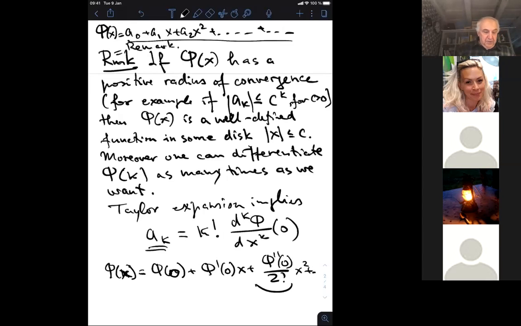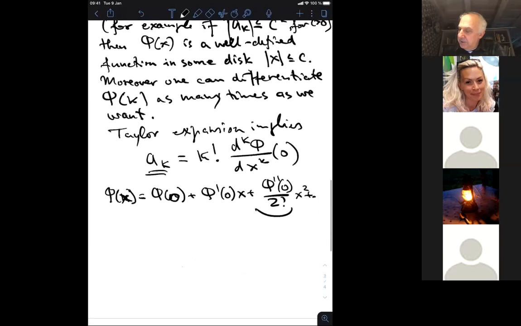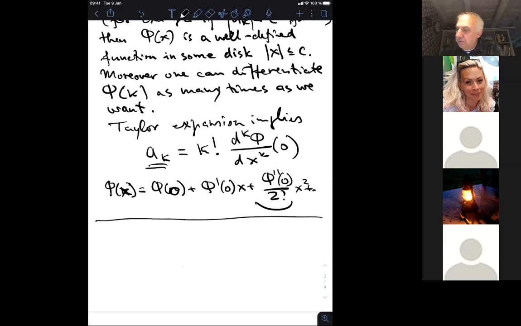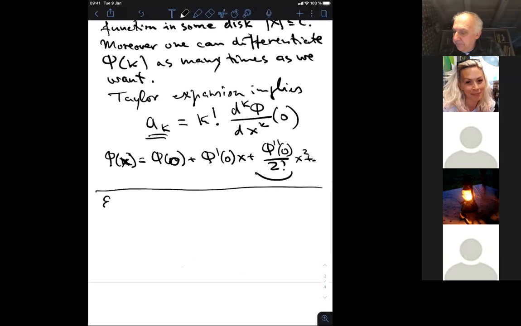Okay, so far so good, but this so far has nothing to do with combinatorics. Let's try to find some nice generating functions which would be related to combinatorics. And let me start with a very simple example. You'll soon understand why it's important for combinatorics.